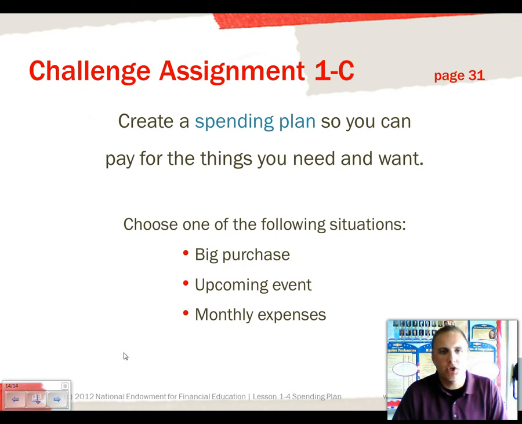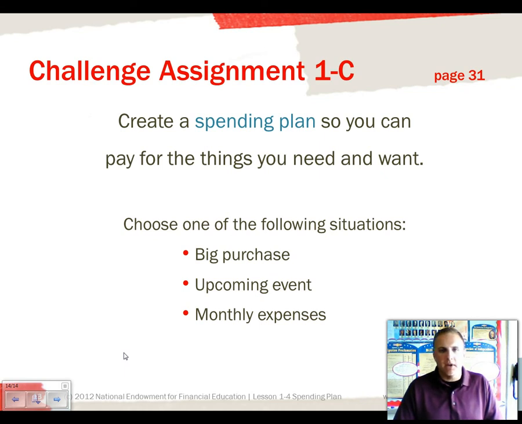In the next column, put your expenses. Everything that you would spend money on, or you think that you would spend money on over the course of a given month. The third column, I want you to plan for one of these following situations. A big purchase in your life, a TV, a car, a cell phone, a computer, whatever it might be, or an upcoming event.